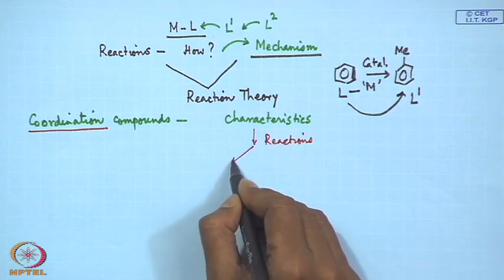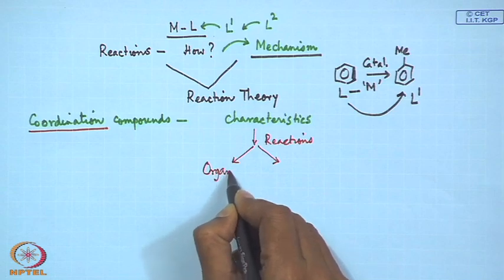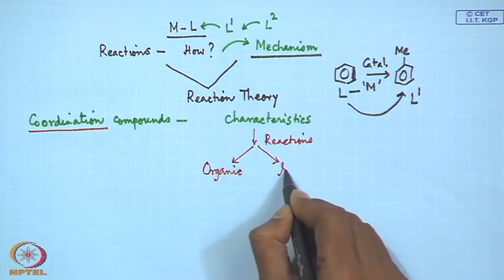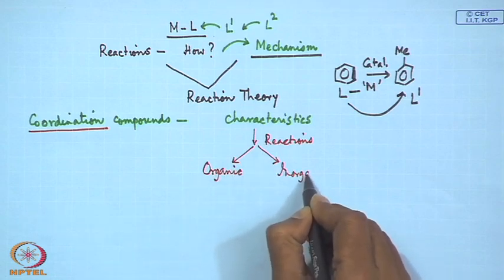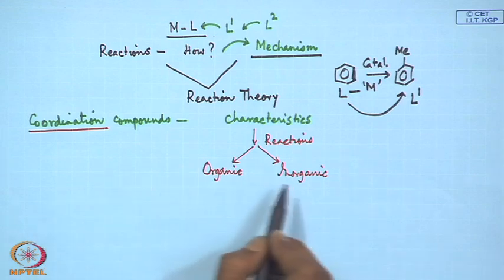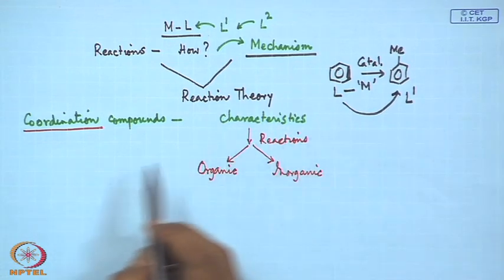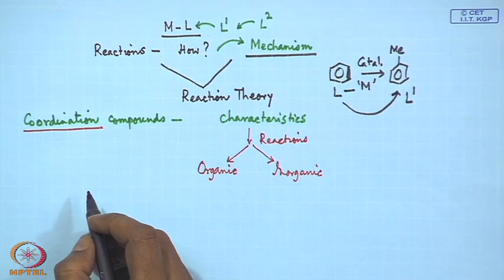So, both organic reactions and inorganic reactions, apart from these complexes and coordination compounds, we can have some understanding if we thoroughly follow the corresponding mechanisms and how the reactions are taking place.